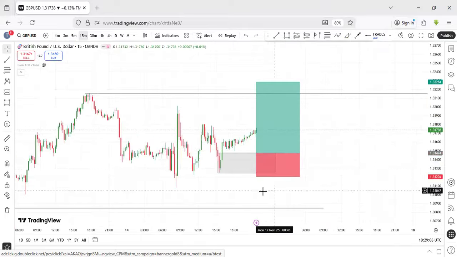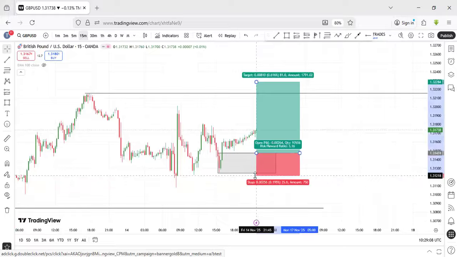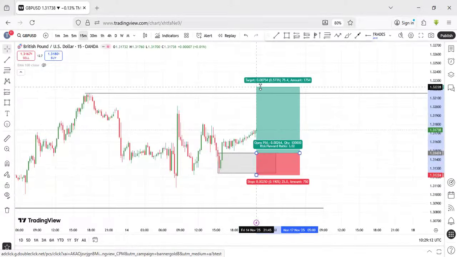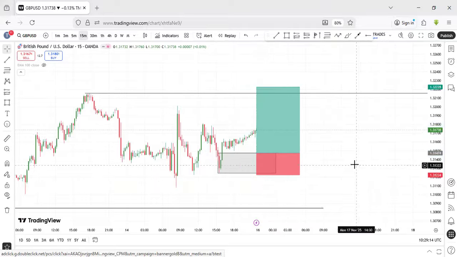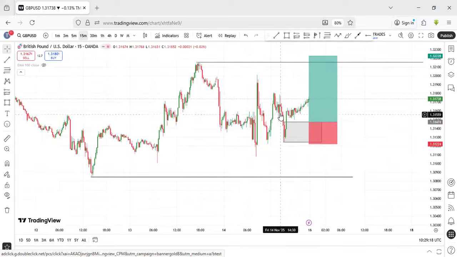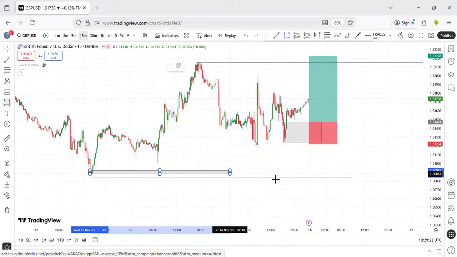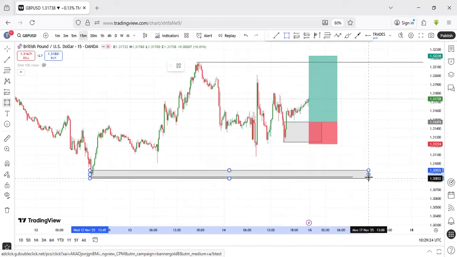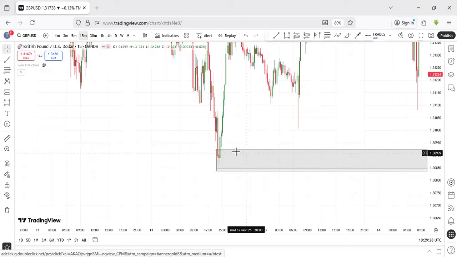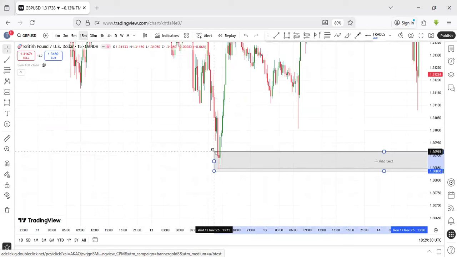But remember, trading is reactive and not predictive, and you have to be careful here. Why? Because this is now our trading range. Anything can happen at this particular place, and considering we have a very good order block at this particular place, let's quickly look at it. Look at that order block there, right?